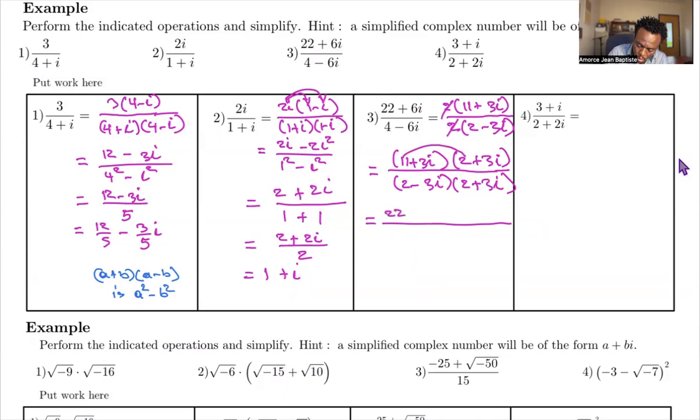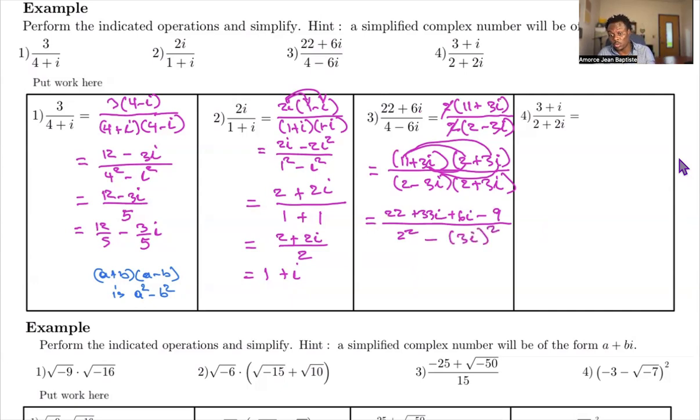So that is 22 plus 33i, minus 6i, and then minus 9i squared, which is plus 9. The bottom is 2 squared minus 3i squared.